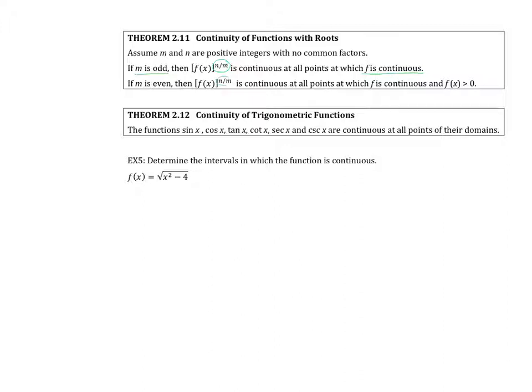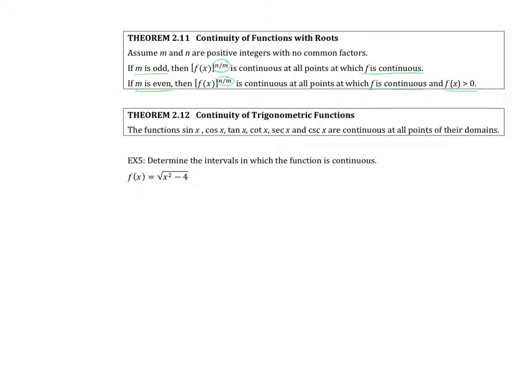However, if m is even, we might have an issue, because remember, that denominator represents a root, like a square root or a fourth root. So even says that it's going to be continuous where f is continuous, and we also have to make sure that the function is greater than 0.